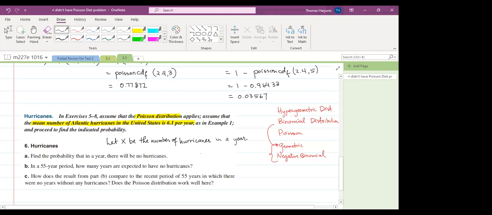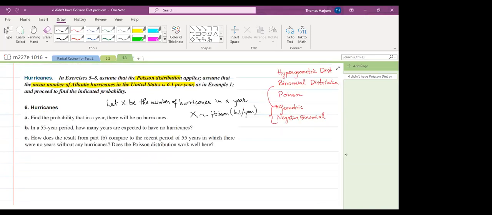And X will be Poisson distributed with average 6.1 per year. Part A, find the probability that in a year there will be no hurricanes. Find the probability that X equals 0.